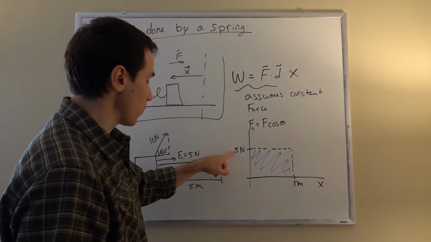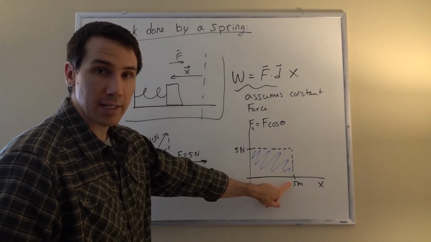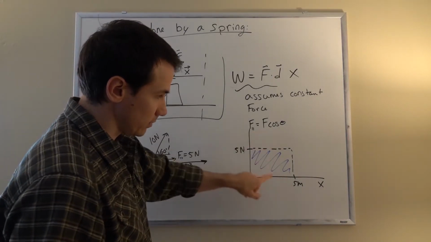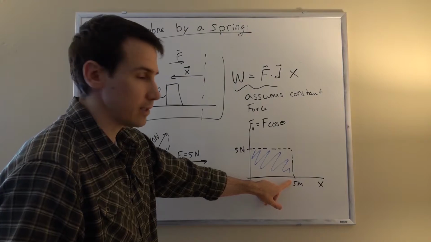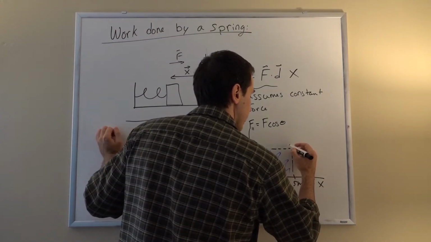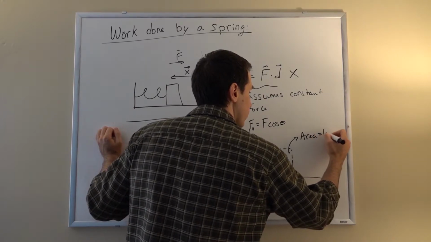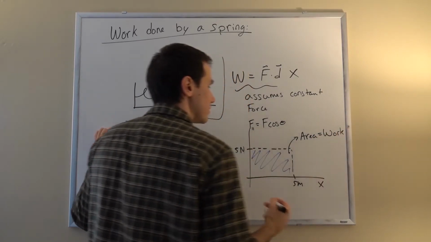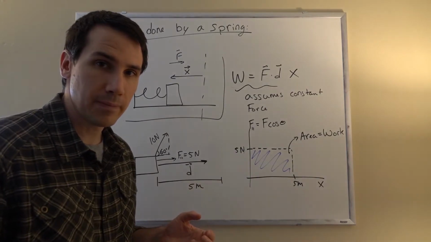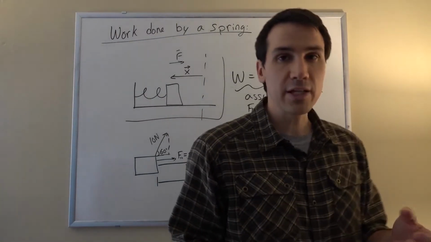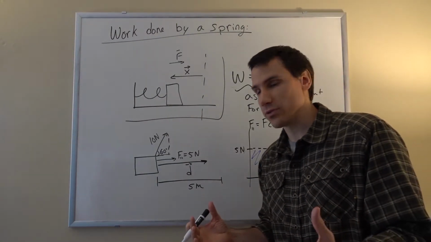is equal to my force multiplied by my distance, or my force parallel to my displacement multiplied by my displacement. So this area is equal to the work done by this force. And this works for any force that you're interested in, right?